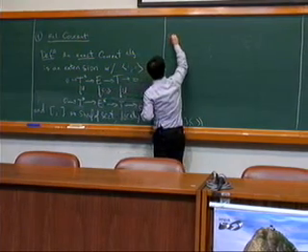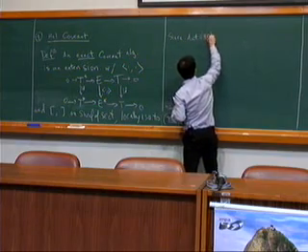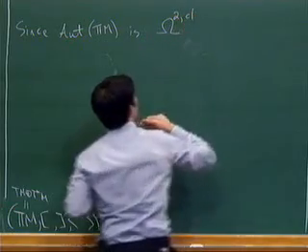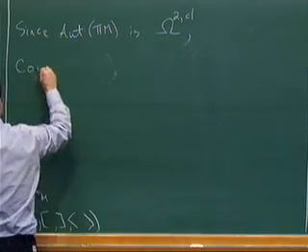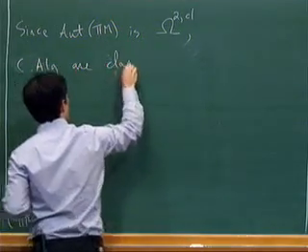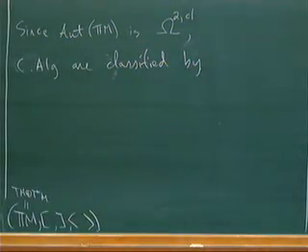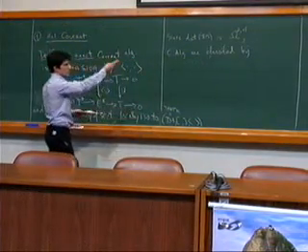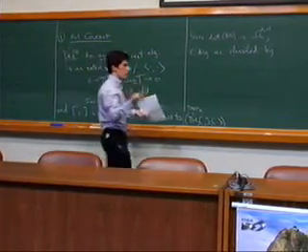Since the sheaf of automorphisms for the standard model is the sheaf of closed two-forms, which I'll denote this way, this means that Courant algebroids are classified. Whenever you have something which is locally trivial and whose local automorphism sheaf is a sheaf of groups, in this case a sheaf of abelian groups, then the objects are classified by H1 with values in that sheaf.